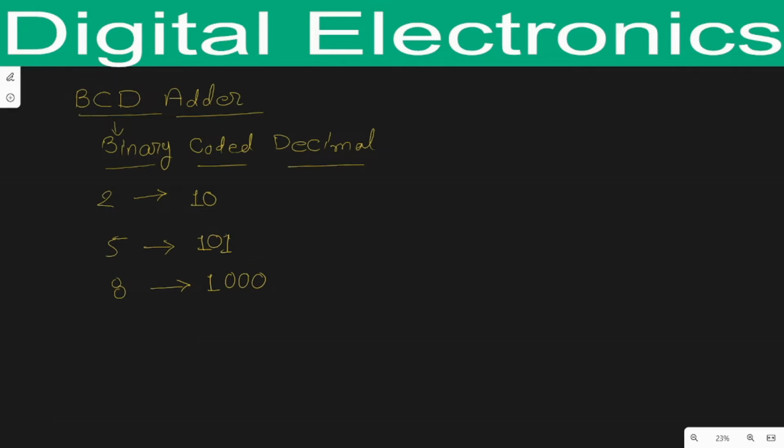Okay, now the BCD representation. BCD representation of this 2 is 0010. It means that if any number is written by using 4 binary bits, it is known as its BCD equivalent.